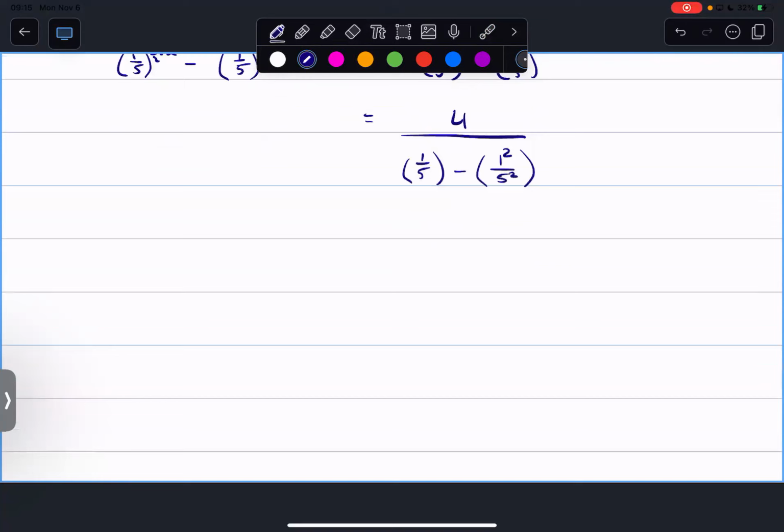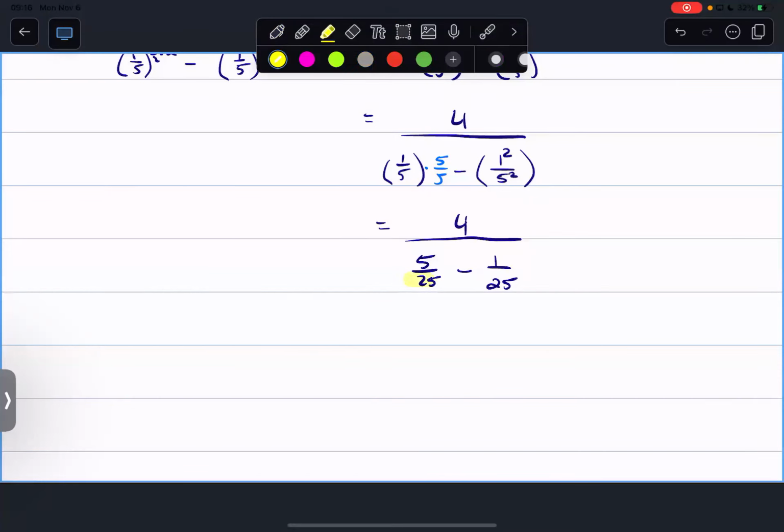I'm going to force it by multiplying by a convenient value of 1, times 5 over 5, because I want 25 in the denominator. And so now I get 4 divided by 5 over 25 minus 1 over 25. I need this common denominator in order to subtract these.